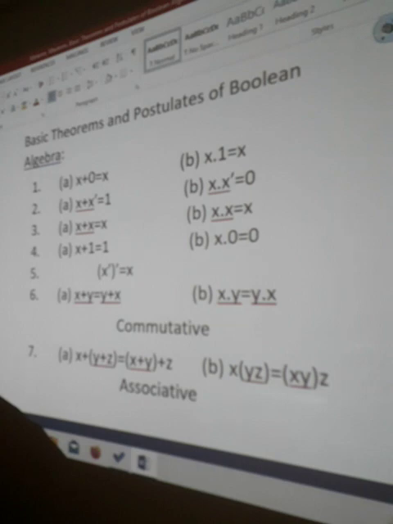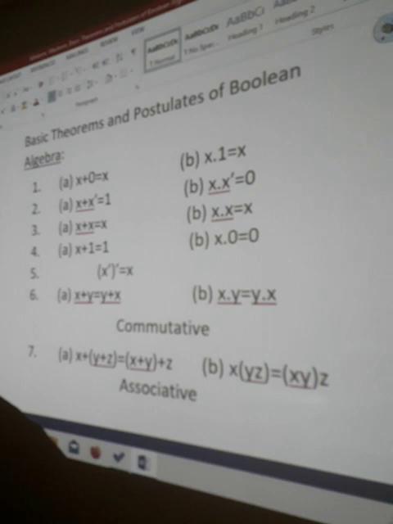If there is x on the other input, then we will have x + 0 = x. Similarly, its b part, x · 1 = x. It represents the AND operation, and in case of an AND gate with two inputs, if one input has x and the other input has one state, then the output is x because the AND gate is enabled.